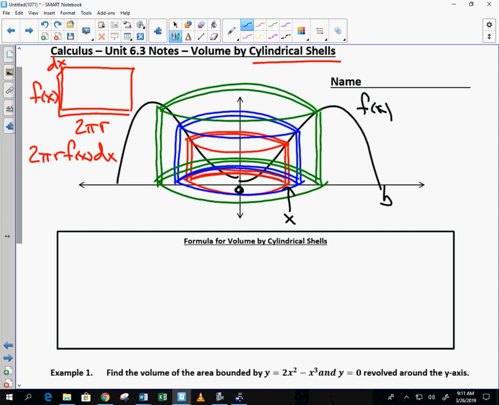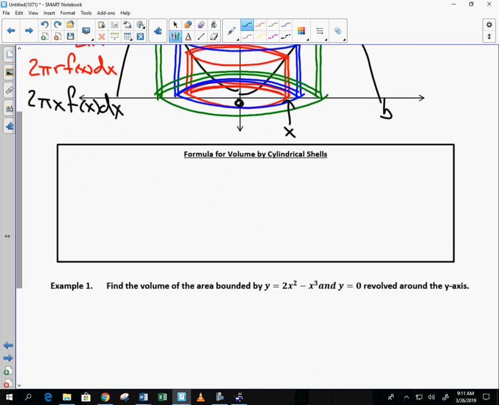X. So the radius many times just ends up being x. 2 pi x f of x dx. It's just some x value that sits between 0 and b. So therefore, the volume of cylindrical shells is the integral from a to b of 2 pi x f of x dx.